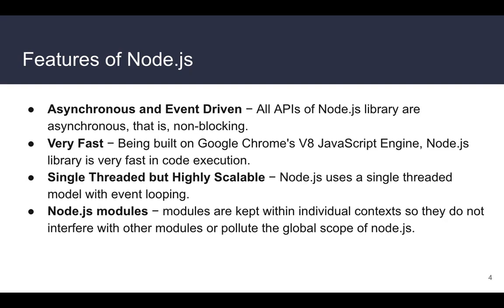For example, every time a request is about to be handled, it is put on the event loop and processed as soon as it is ready to be processed. That means when Node.js is performing an input-output operation like reading from the network, accessing a database or the file system, instead of blocking the thread and wasting CPU cycles, Node.js will just resume the operation when the response comes back.